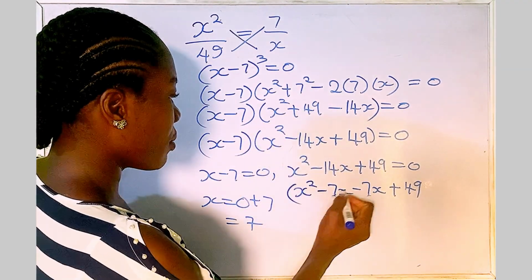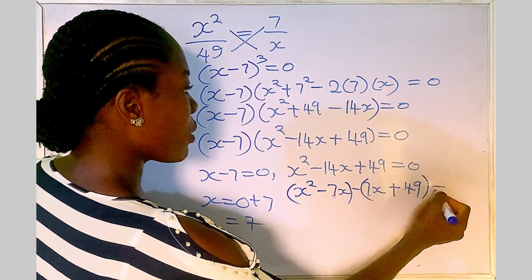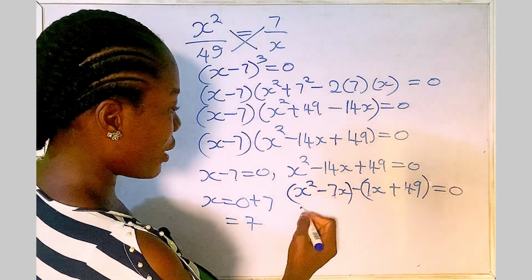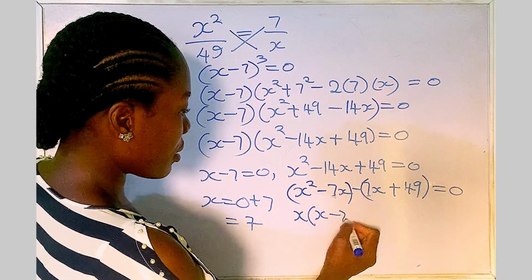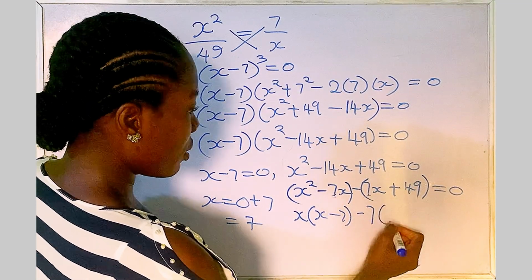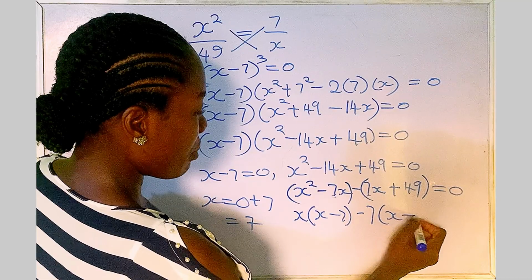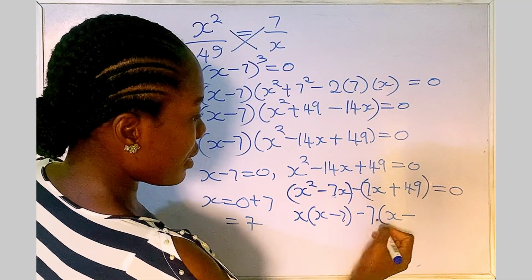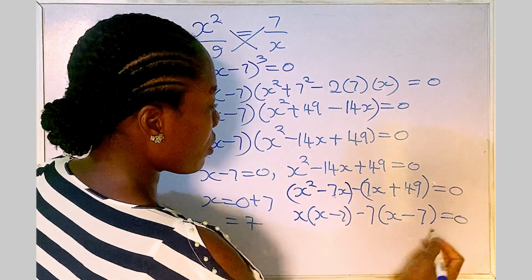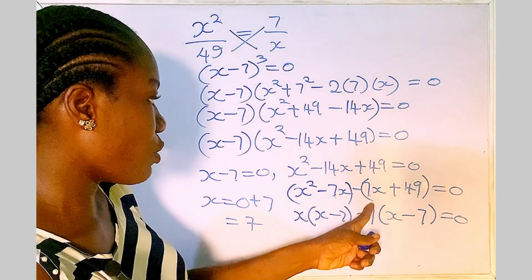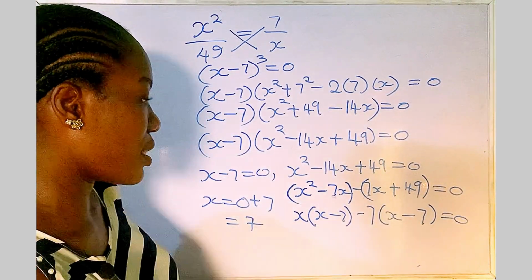All right, equal to 0. So take it open and collect like terms. You have x minus 7 times x minus 7 is equal to 0, because this times this will give you minus 7x, this times this will give you plus 49.